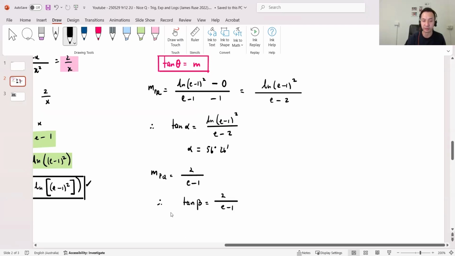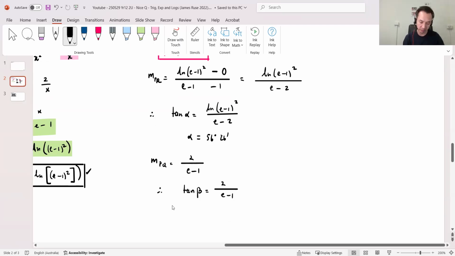So if I shift tan, or inverse tan that, inverse tan of 2 on e minus 1, it looks like 49.20. So therefore, beta is 49 degrees 20 minutes.